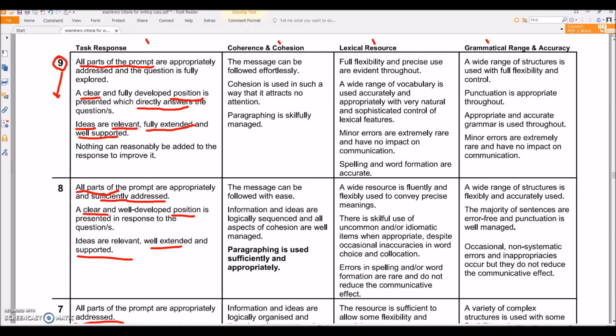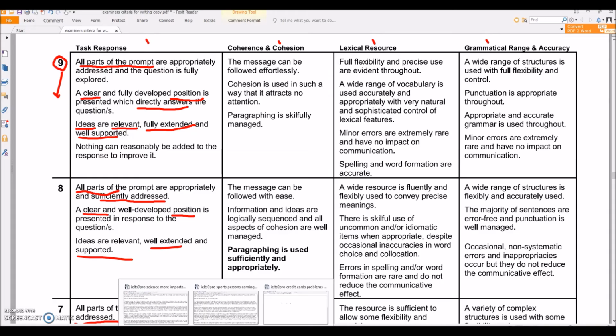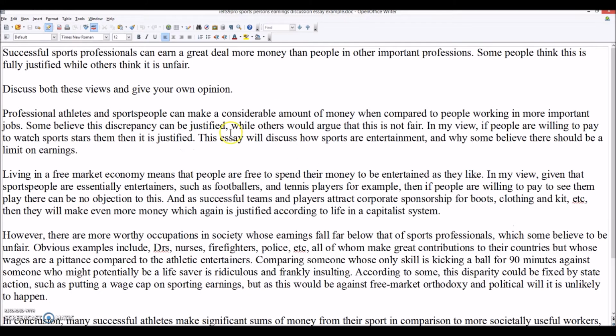Okay. So let's see a second example. Let me get another one. So this is a discussion essay. Some people think sports people earning large amounts of cash is justified. Others think it's unfair. Discuss both these views. So we've got the key words. Some think it's okay.